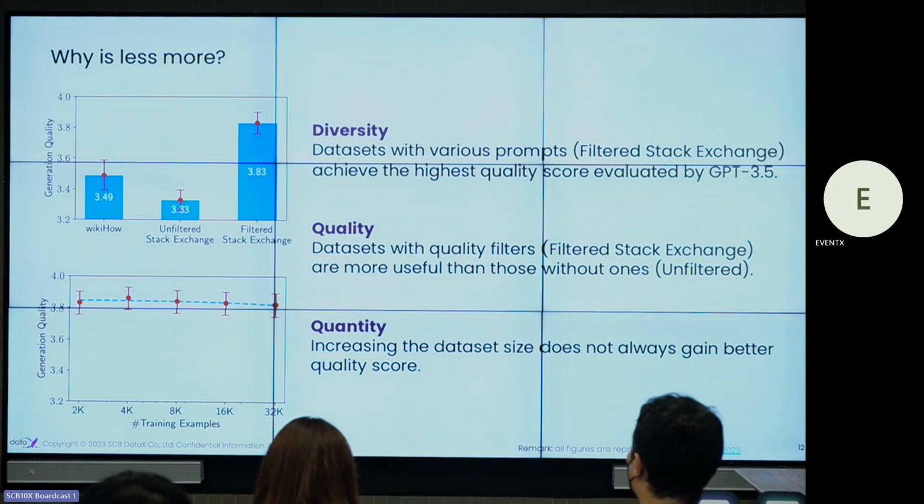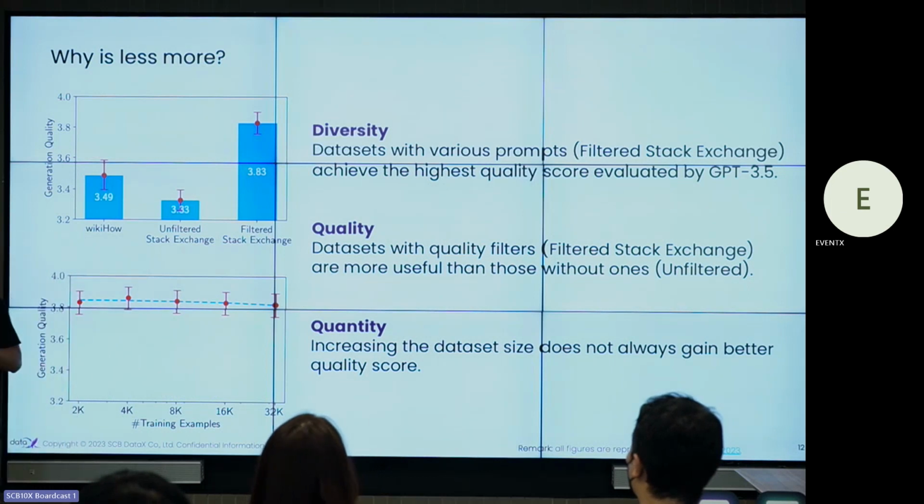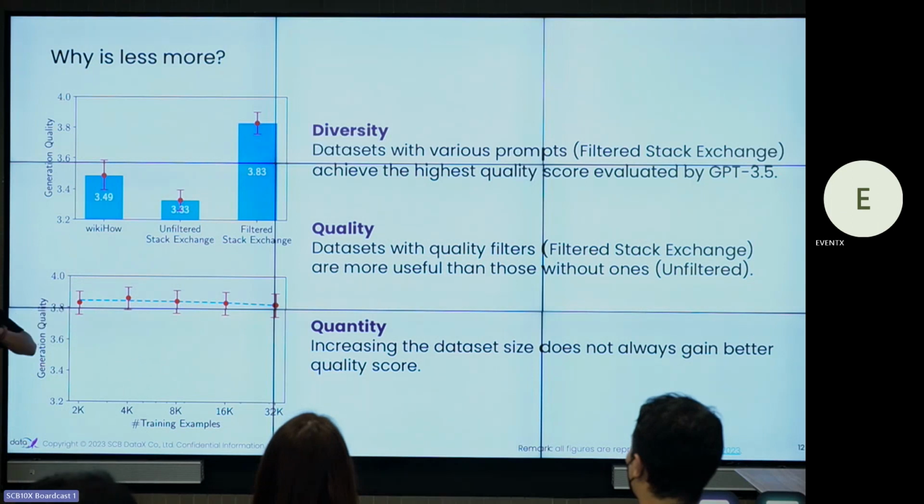If we increase that number of records to, for example, double it to 2K, 4K, 8K, 16K, up to 32K, what will happen with the quality of the data set? As you can see here, the horizontal line is stabilized at a certain value. It means that maybe, just maybe, the quantity isn't that important anymore. I'm not sure.